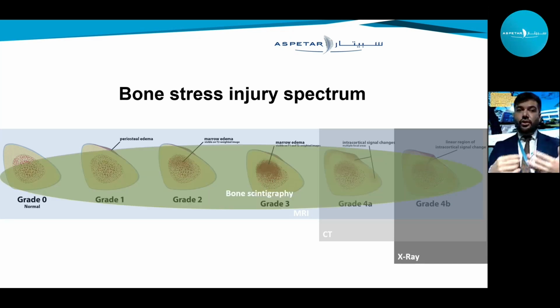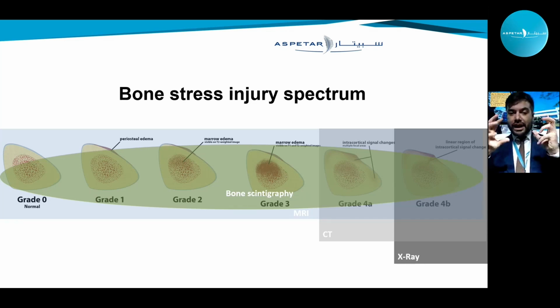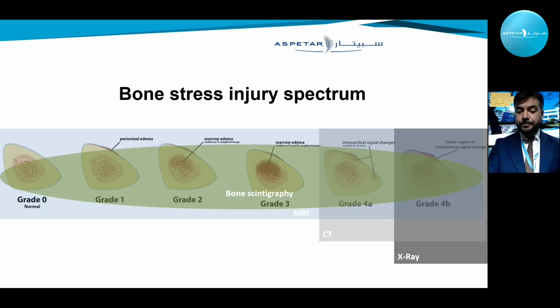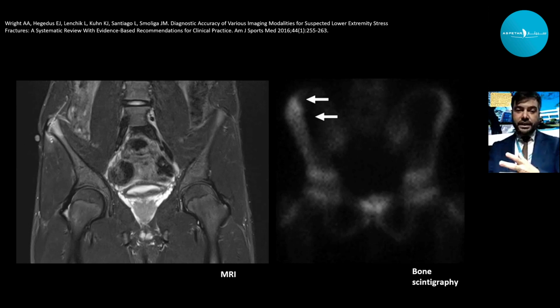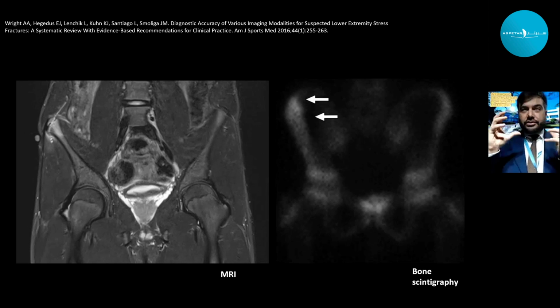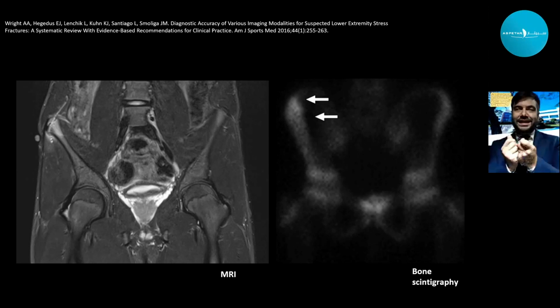Bone scintigraphy is also able to detect metabolic activity when there is periosteal edema or bone marrow edema, so it can be as sensitive as MRI. However, I will show you the difference between bone scintigraphy and MRI. On the right, we see a bone scintigraphy image, and on the left, an MRI. Regarding the voxel or pixel size, bone scintigraphy is less defined.